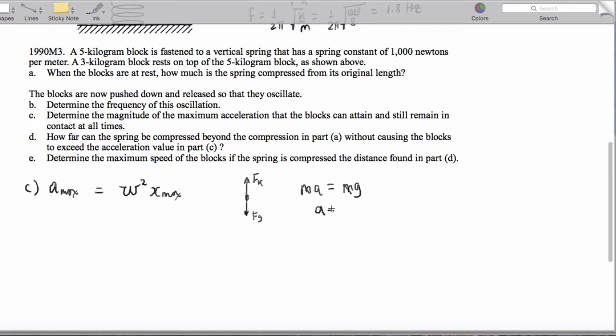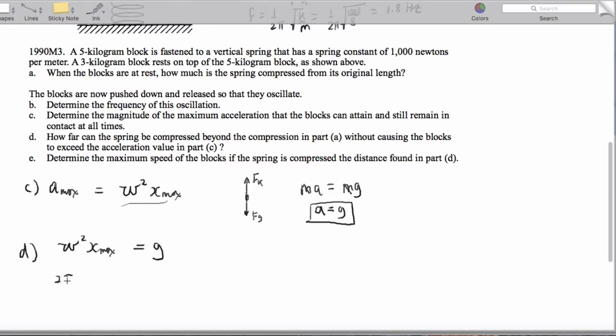So a equals g, it turns out, is just the answer we need. So luckily for us, it turns out we absolutely need this result in order to do part D. So now what we can say is omega squared x max equals g.